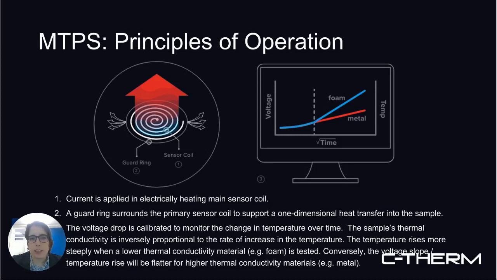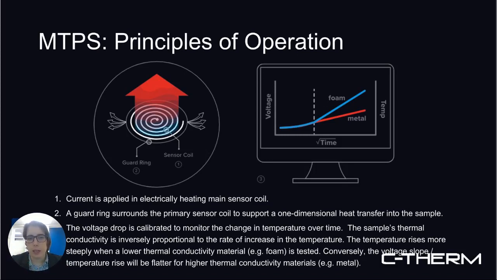And simultaneously with that, a guard heater called the guard ring surrounds the sensor spiral, and you heat that as well to prevent any lateral temperature gradient from forming. So you don't have any lateral heat losses, and therefore you're looking at the heat transfer basically in the direction perpendicular to, or normal to, the sensor surface.